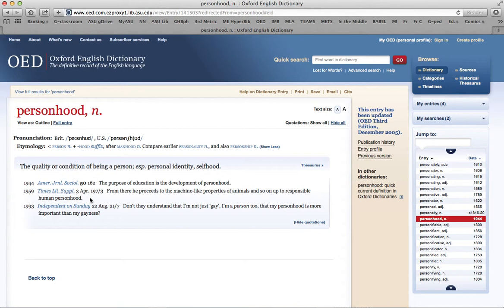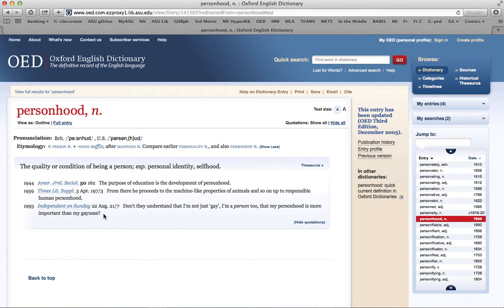Interesting. Okay. Now, fast forward up to 1993, and we get, "Don't they understand that I'm not just gay, I'm a person too, that my personhood is more important than my gayness."